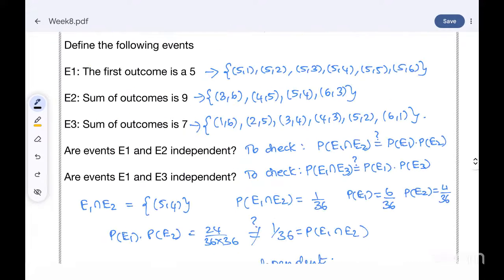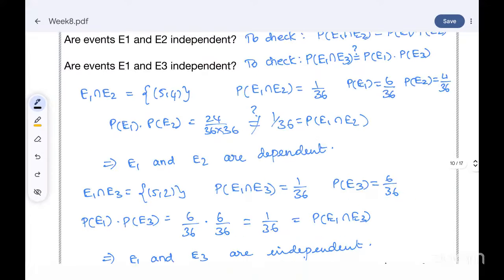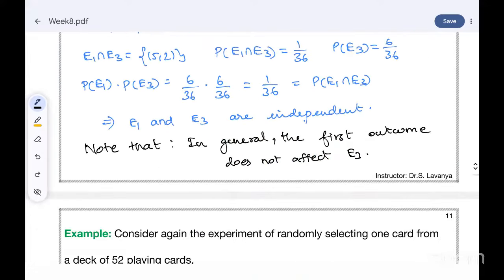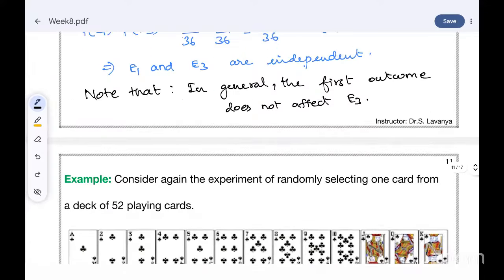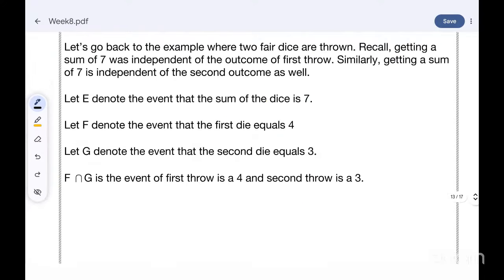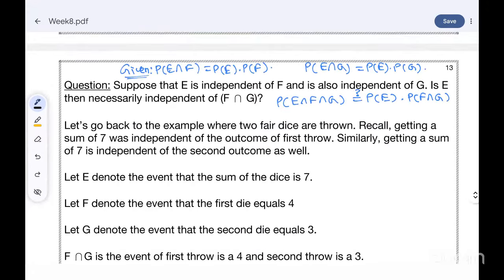If this 5 is not anything special, and instead of 5 it is 1, 2, 3, 4, or 6, still you can observe that. So P of E1 into P of E3 is again 1 by 36 only, right? So that is what they are using here, that getting a sum of 7 is independent of the outcome of the first throw. So this line, is it clear for everyone?